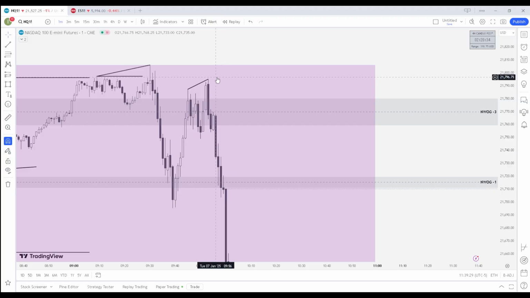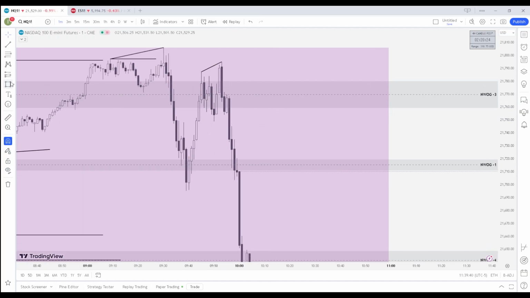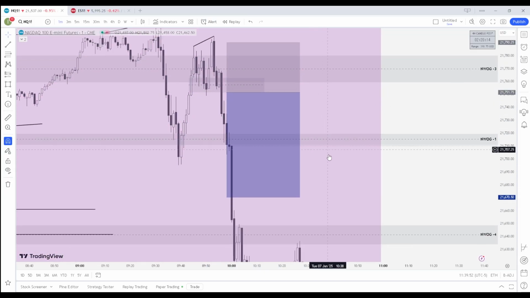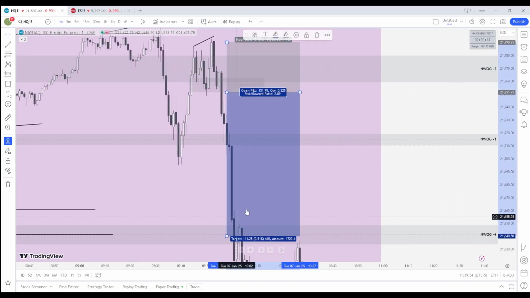But unfortunately we had news at 10, which meant that I wasn't really trying to actually execute on a trade yet. So what I was looking at here was this inversion, and I really wanted to see a retracement into this inversion, and then target out these lows.